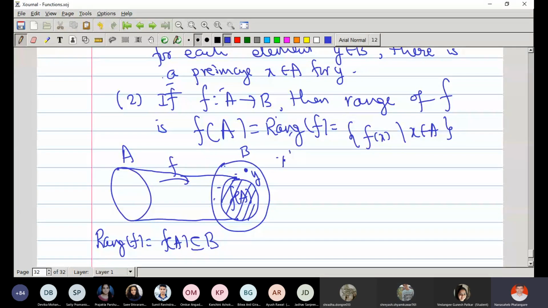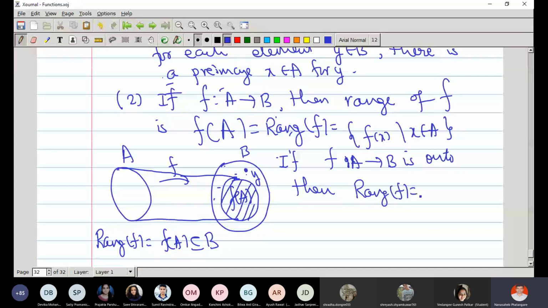So therefore if f from A to B is onto, then what can we say about the range? Range must be equal to the codomain. Then range of f, that means f of A, must be equal to the whole of the codomain, because such a situation, something outside the range, should not arise.